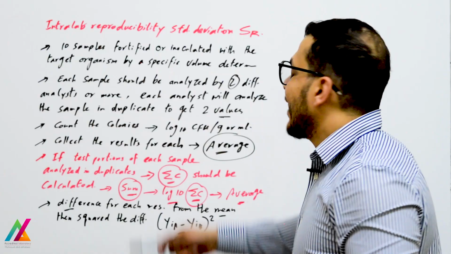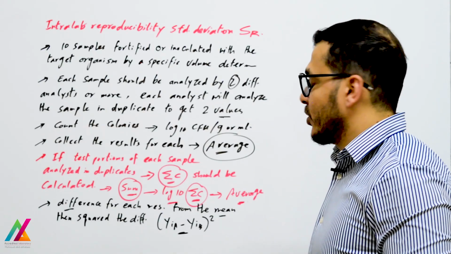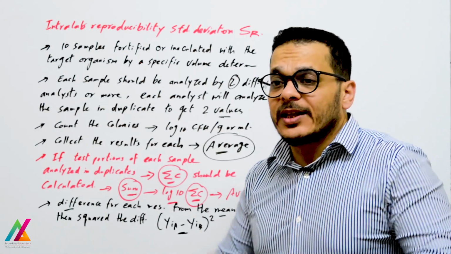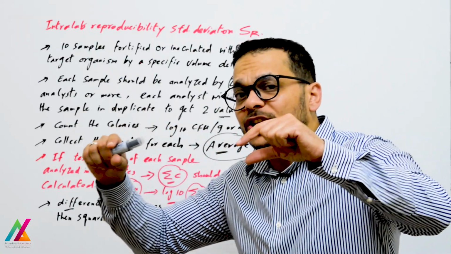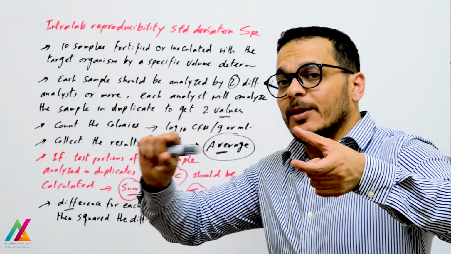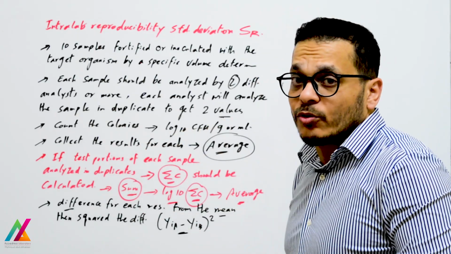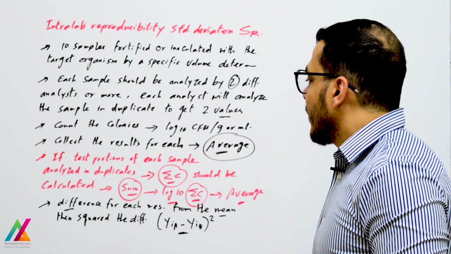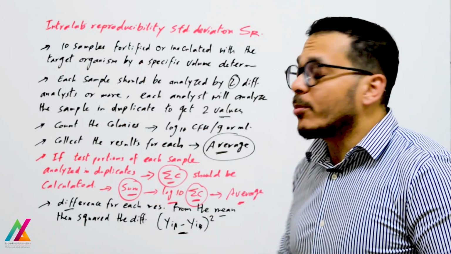You will calculate the total number of colonies counted by summation of each 2 values. For each test portion you will have 2 values, you take the summation of these 2 values and the summation of the other test portion's 2 values, then that will be the total number of colonies counted.